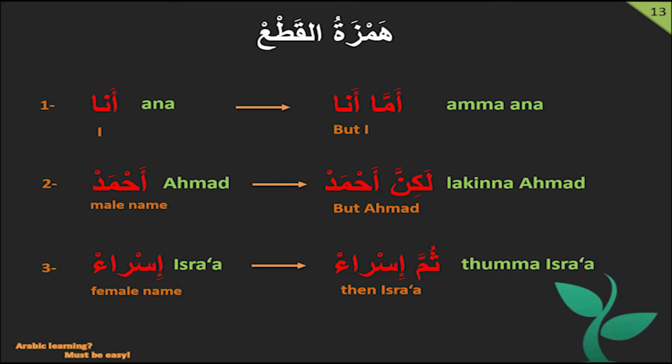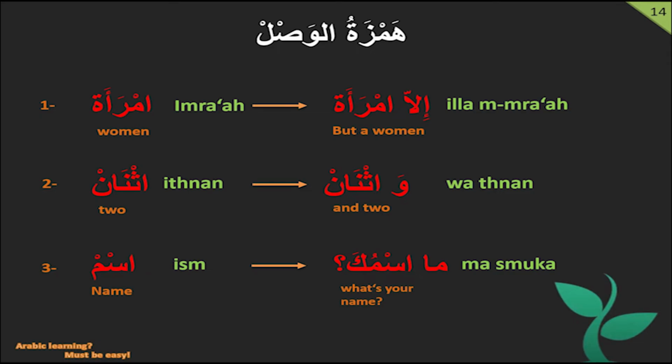Now there are 3 examples of Hamzatul wasl. The first is imra'a, and means woman, with the addition of illa. Illa means except, are together pronounced illa imra'a.